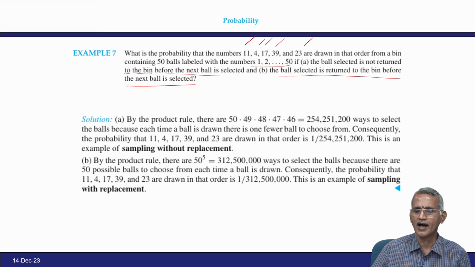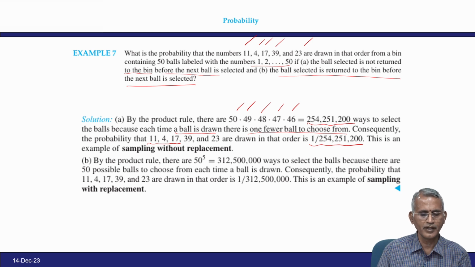In the first, the ball selected is not returned to the bin before the next ball is selected. So this is sampling without replacement. First we have to apply the product rule to the 5 balls: 50 times 49 times 48 times 47 times 46, which is 254,251,200 ways to select the balls, because each time a ball is drawn there is one fewer ball to choose from.